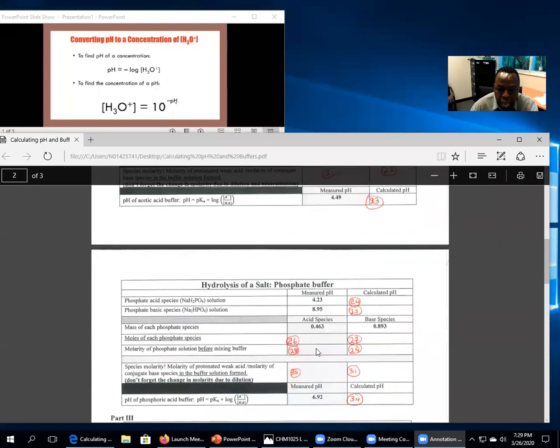Moving on to the hydrolysis of a salt, phosphate. Before we go through the hydrolysis of a salt, you should know which one is an acid and which one is a base in this case.